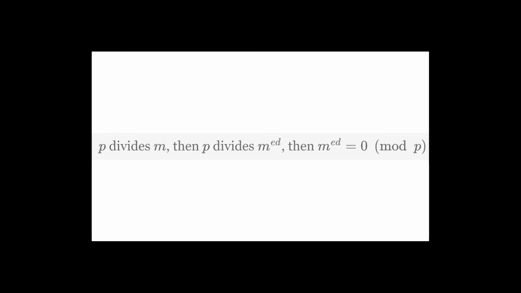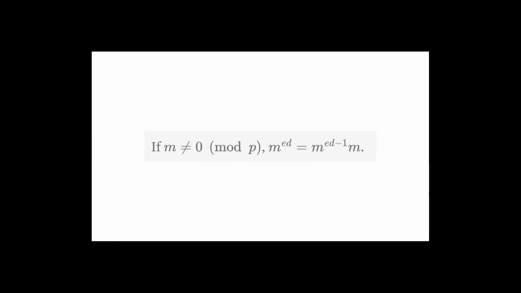Now we consider the case where m is not equal to 0 modulo p. In this case, we can rewrite m power ed by just moving one factor of m out. So m power ed is m power ed minus 1 times m.